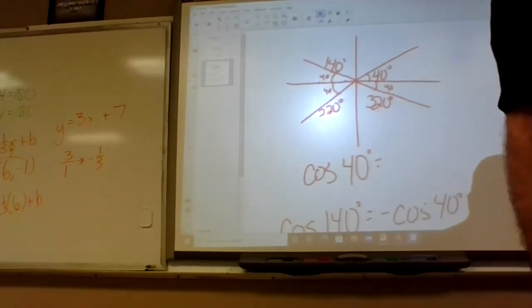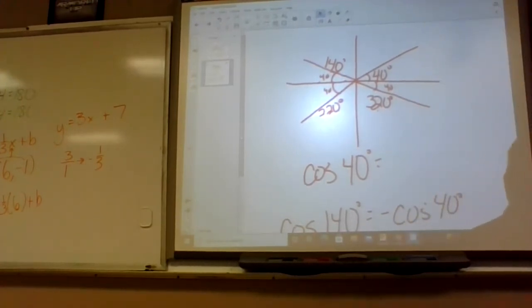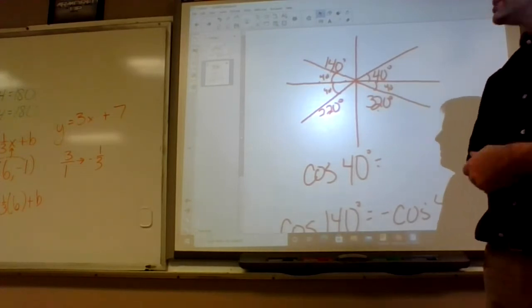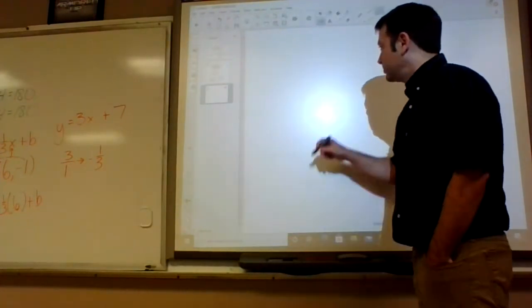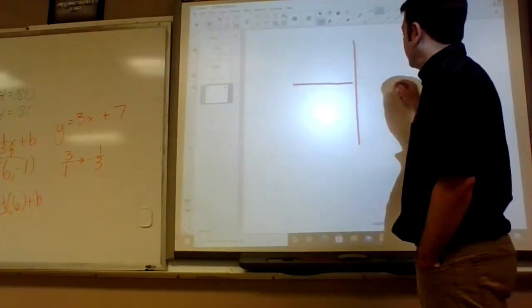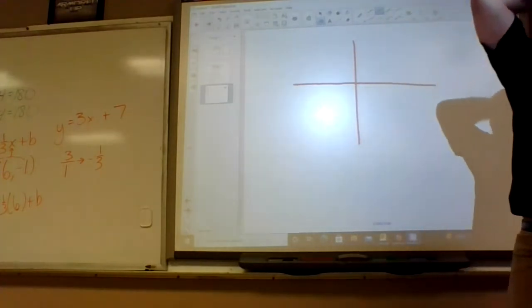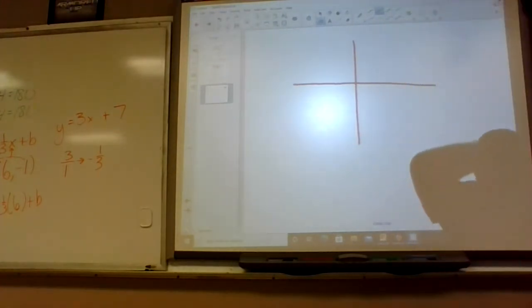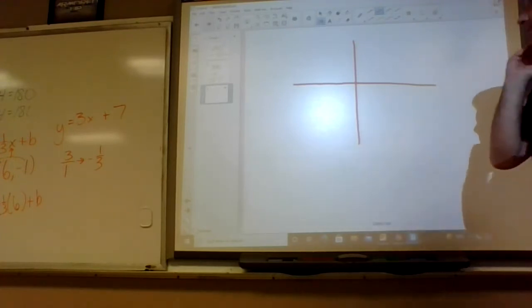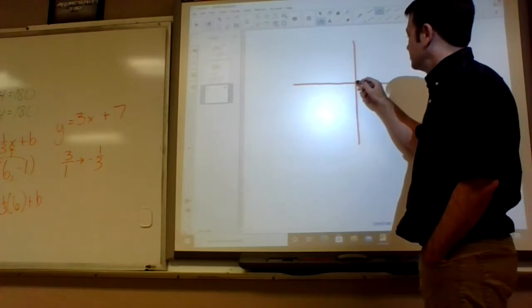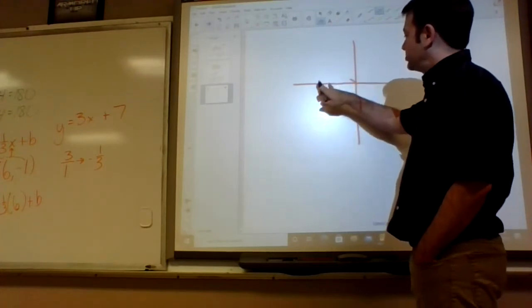All right, 279. I will draw. You don't really have to draw a picture, but I will draw a picture just to help us think about it a little bit. So on 1A, it says express each of the following in terms of a reference angle. So on 1A, where is 128 degrees at? Well, here's 180, here's 90.